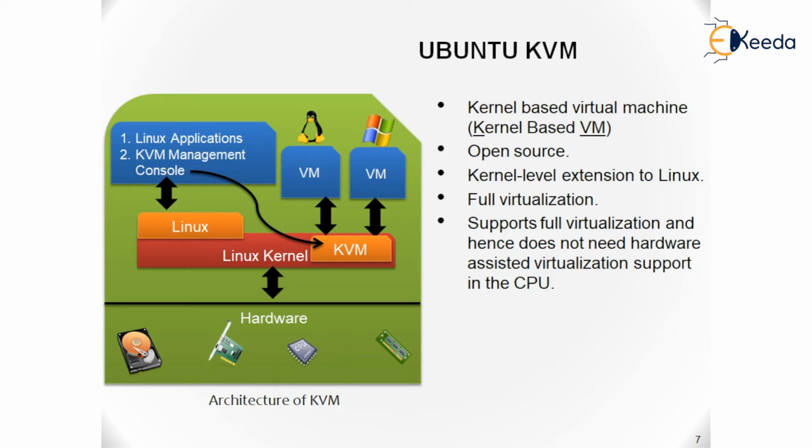Then it's a kernel level extension to Linux, which is going to perform the role of full virtualization. In terms of full virtualization, it uses a special kind of software called a hypervisor, that is, in terms of KVM, the hypervisor.